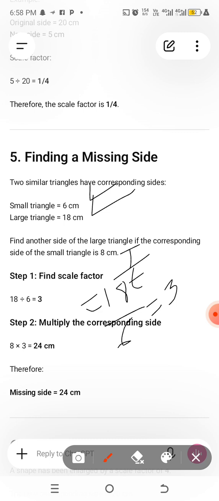Multiplying the corresponding side, you have 8 times 3, which will give you 24 centimeter. So 24 centimeter is the missing side of the two similar triangles. So can we move on? Yes, we can move on.